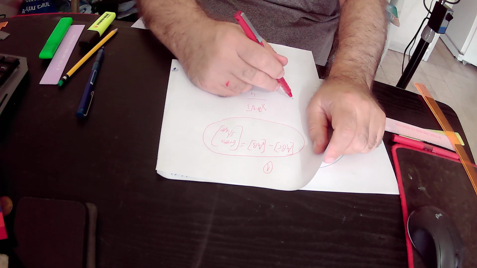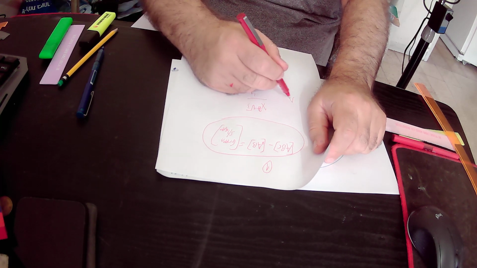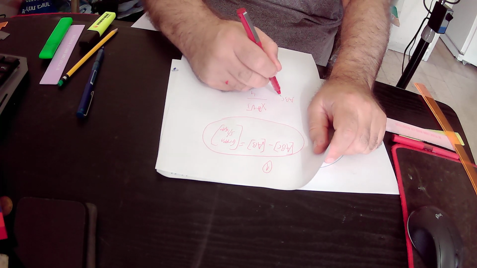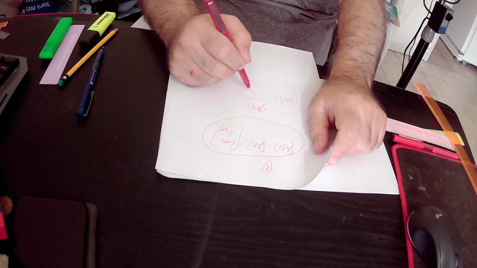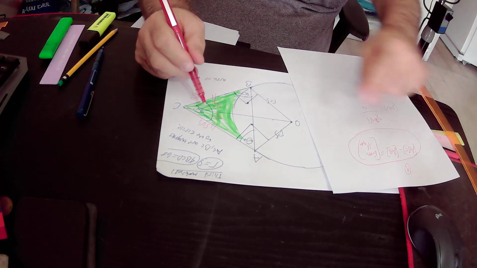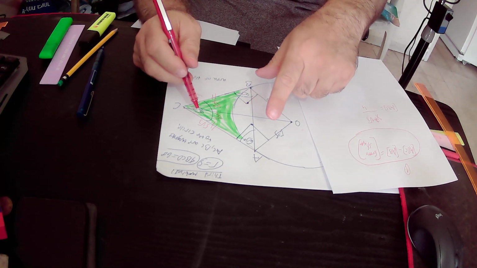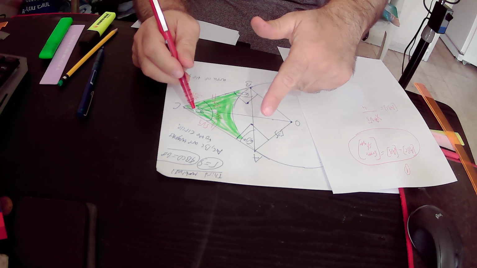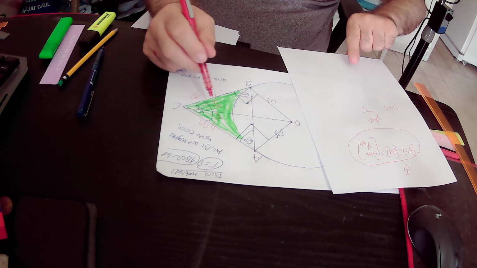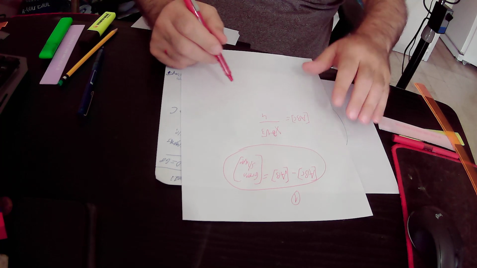So the area of triangle ABC, that is an equilateral triangle, will be equal to x squared times root 3 over 4. But we know that x, the size of one side of equilateral triangle ABC, equals 5 times root 3.